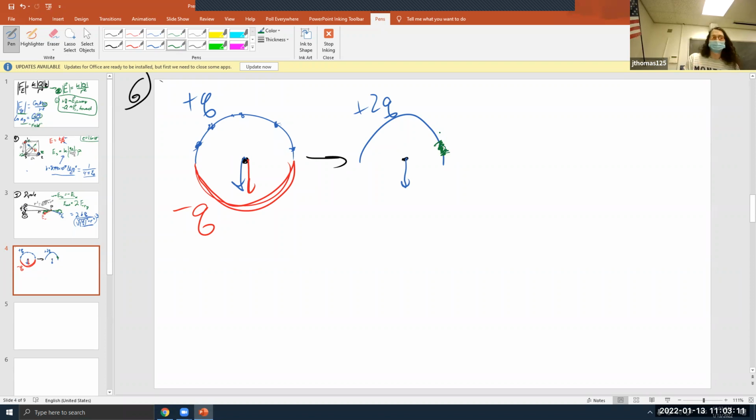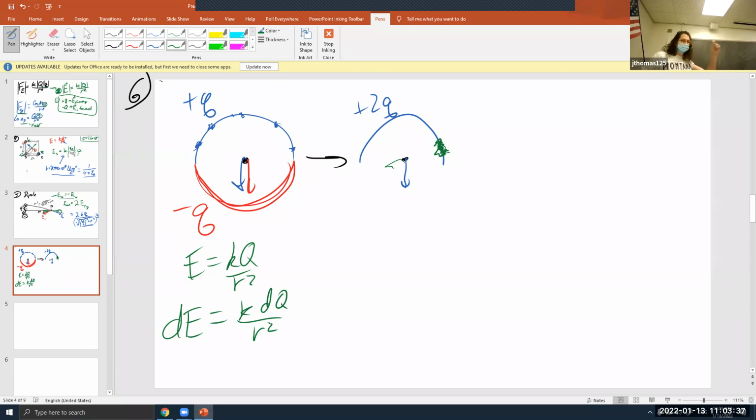So we need to take our electric field equation, E equals KQ over R squared, and turn this into an expression with differentials. I want just a little bit of charge to create a little bit of an electric field. What does that look like? Just dE, the little bit of electric field created, is K dQ over R squared.